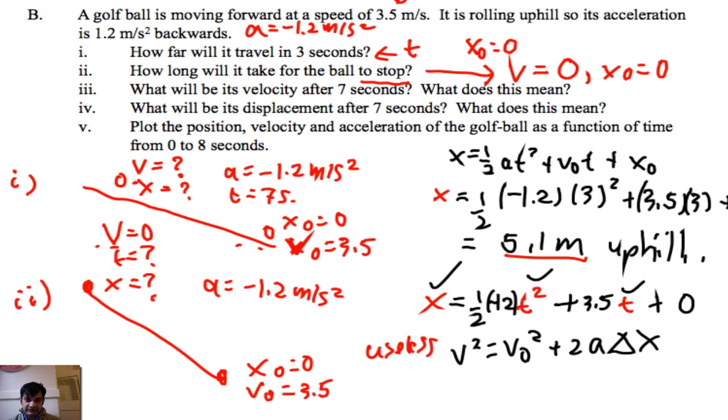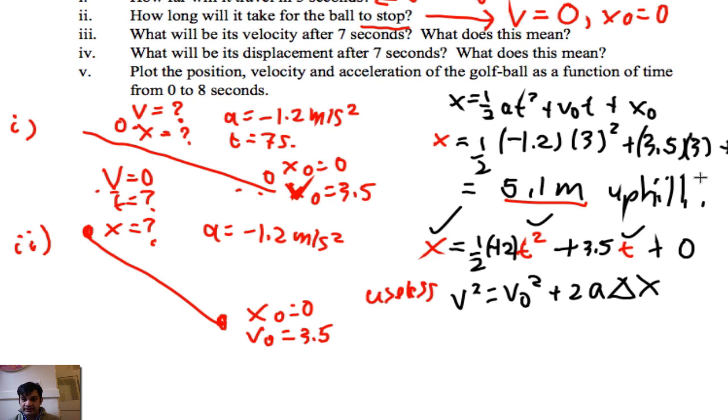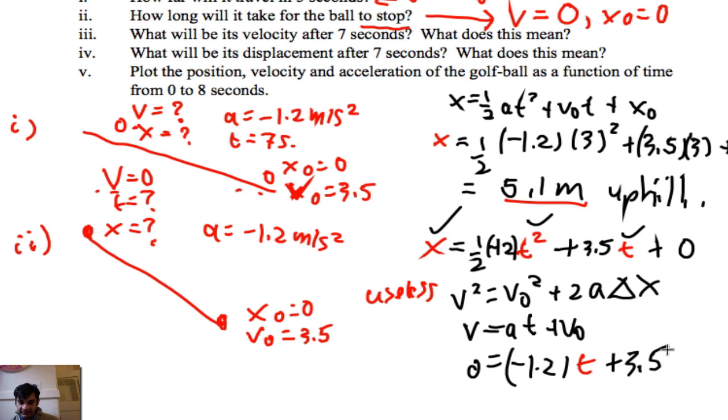So I'm now stuck with the last equation, which is v equals at plus v naught. And let's see what we have. So we're going to have 0 equals a times t, so we have negative 1.2 times the unknown time plus 3.5 as our equation.